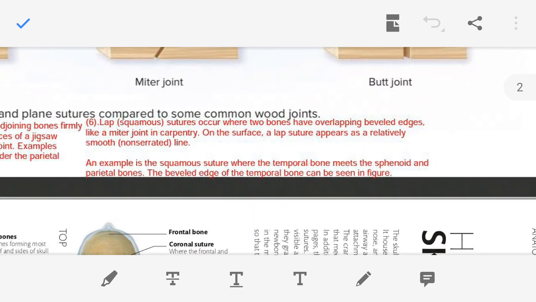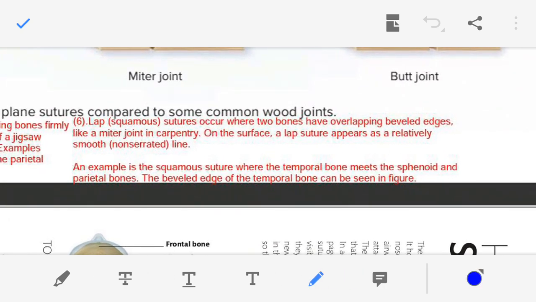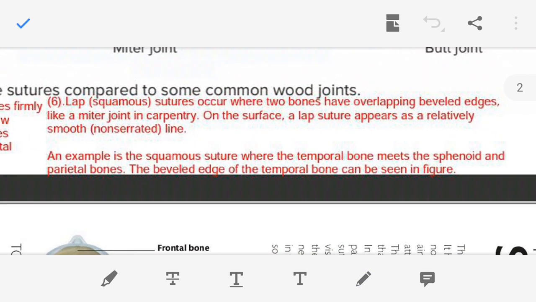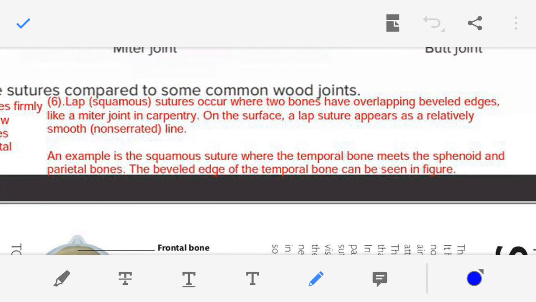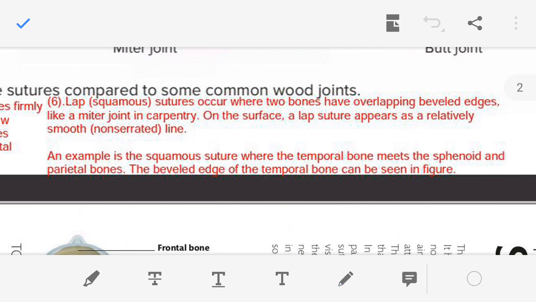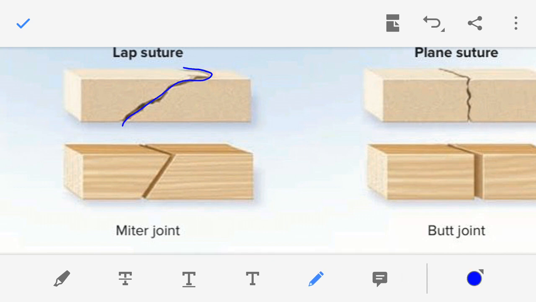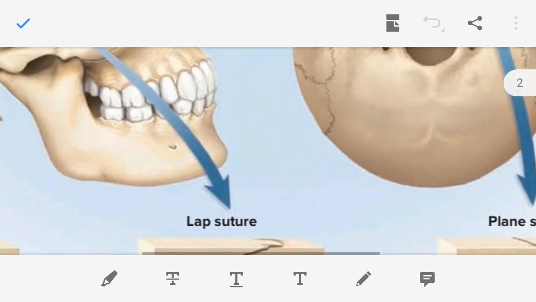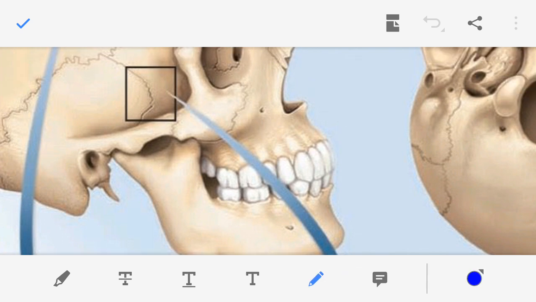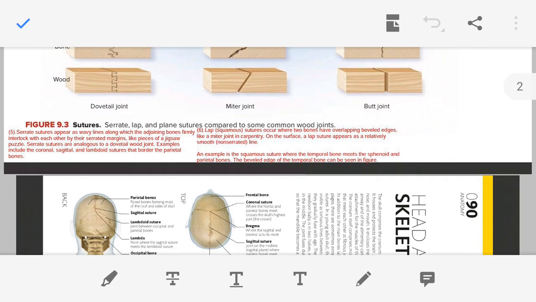You can go through this information. Lap suture appears as a relatively smooth line, as you can see over here.